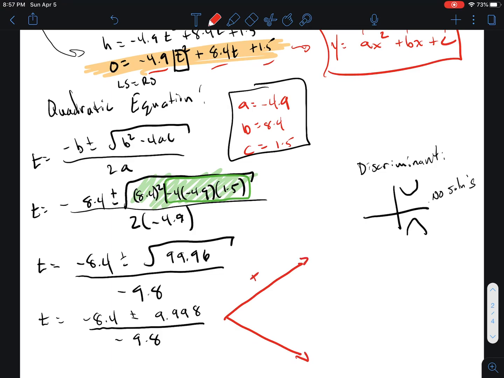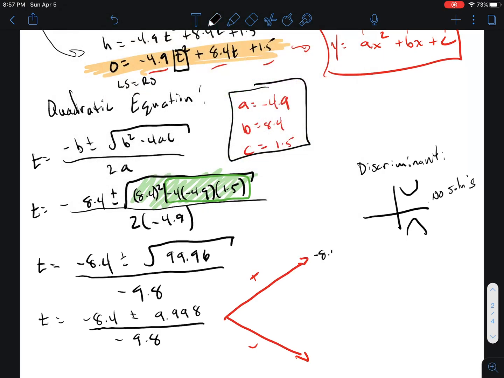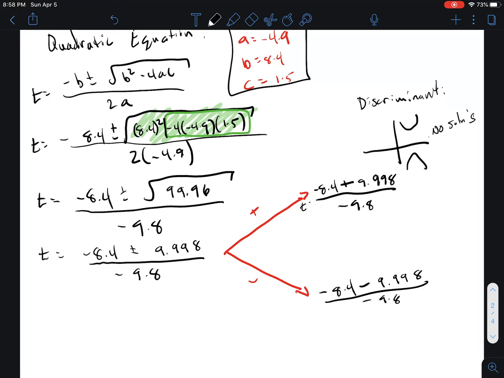You get an answer from doing the plus, and you get an answer from doing the minus, right? So I'm simply just going to do negative 8.4 plus 9.998 divided by negative 9.8, and I'm going to get negative 8.4 minus 9.998 divided by negative 9.8. Okay, these are t equals.